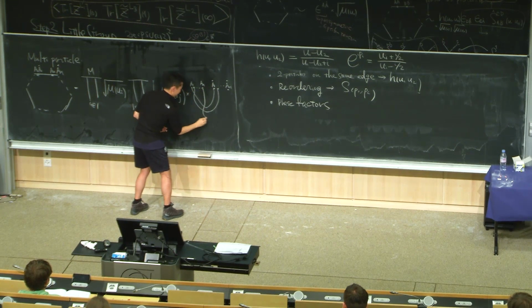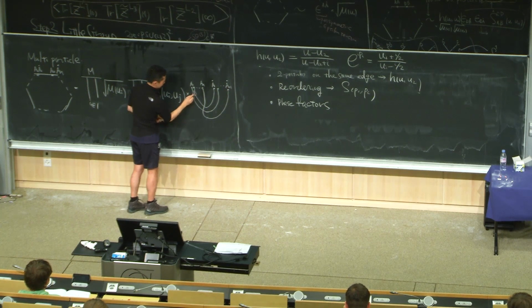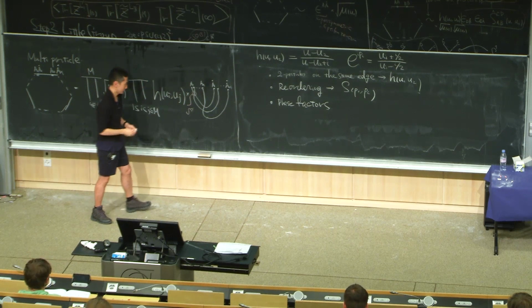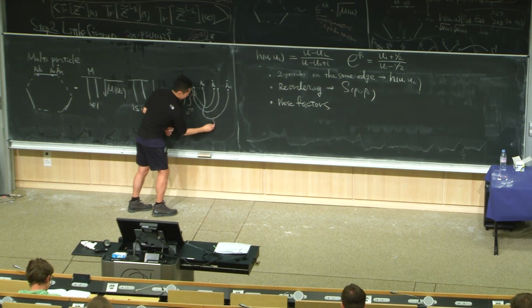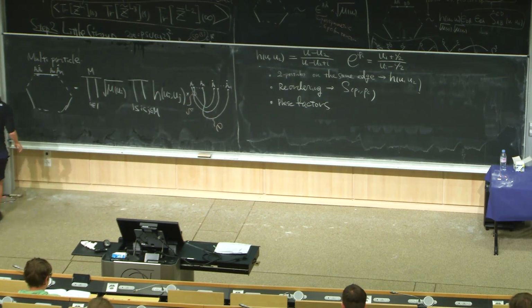And then, so roughly speaking, this picture means that whenever you see an intersection, you multiply by Beisert's S matrix. And then when you contract, you basically put in the epsilon tensor. So this is the conjecture for the multiparticle hexagons.